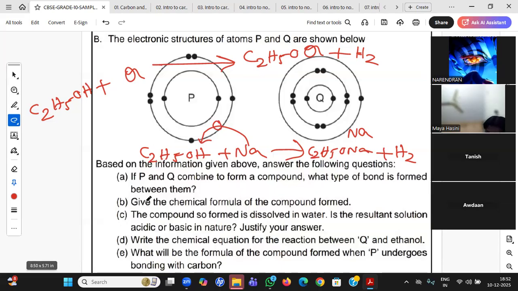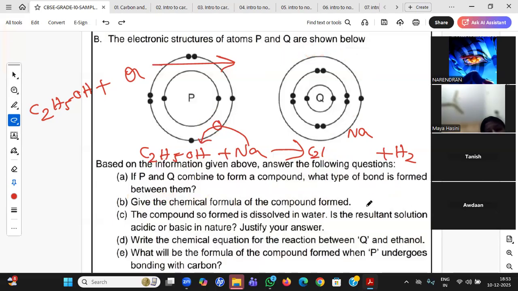If the question were framed as 'except water, P and Q', then I would have written P is oxygen, Q is Na, and converted all my answers into oxygen and Na. But he has not framed that question, student. That's the reason I'm asking you. Try to write the answer, analyze it in the form of Na and oxygen, but give the answers in P and Q only.